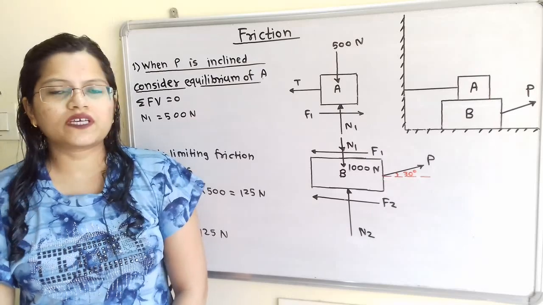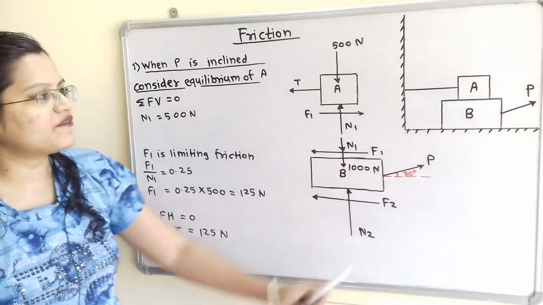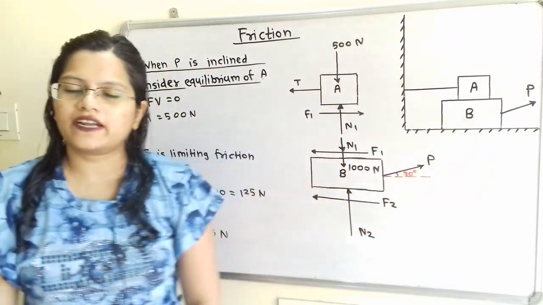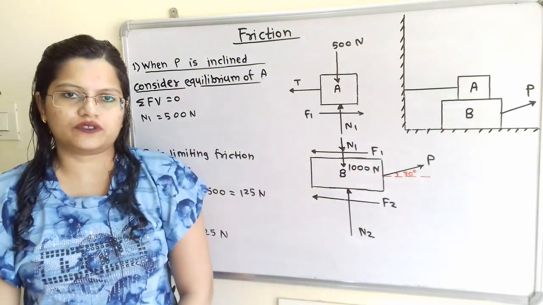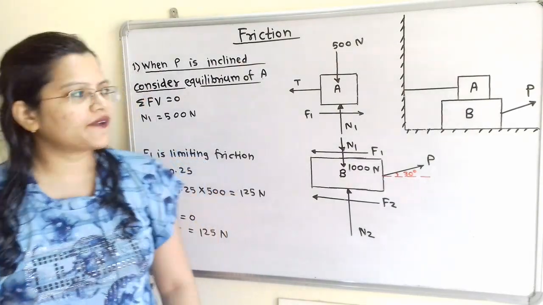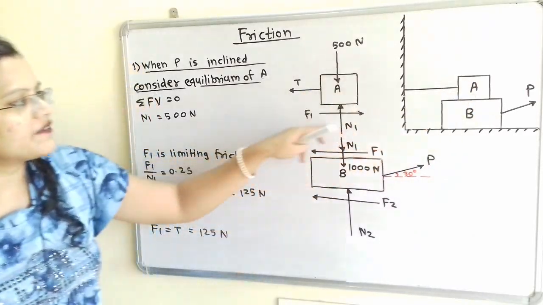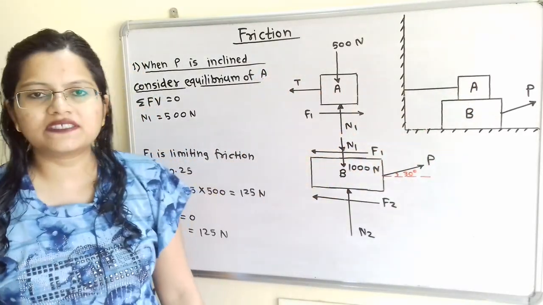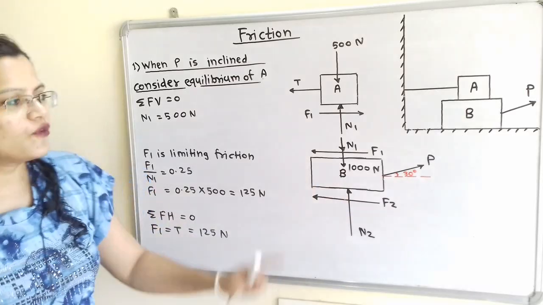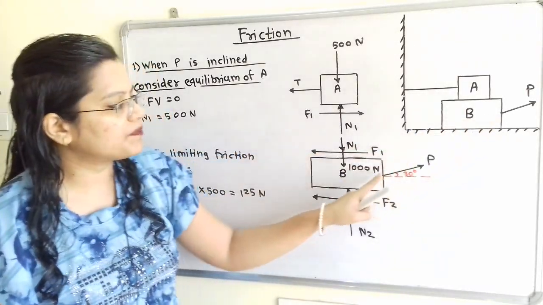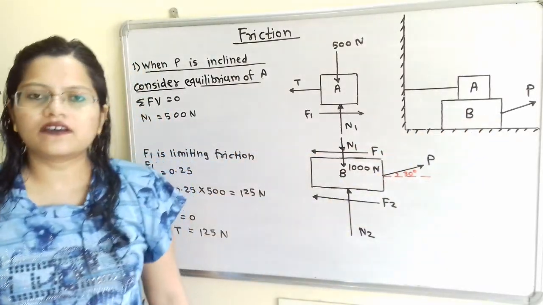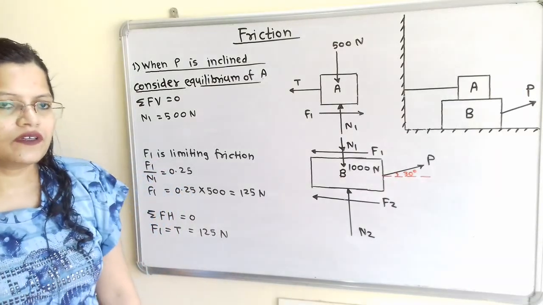Now we will move to the second case, when the applied force P is inclined at a 30-degree angle to the horizontal. In this case, when we draw the free body diagram, for block A the free body diagram will remain the same, but for block B we have to show the applied force P which is inclined at 30 degrees.